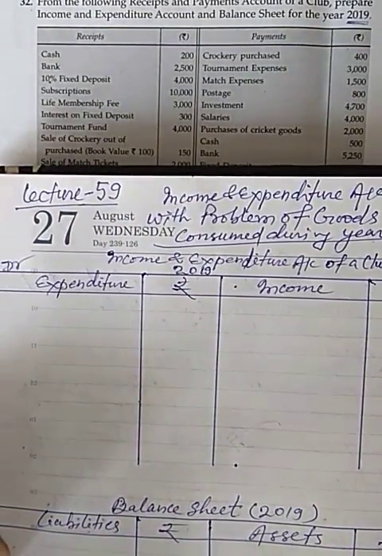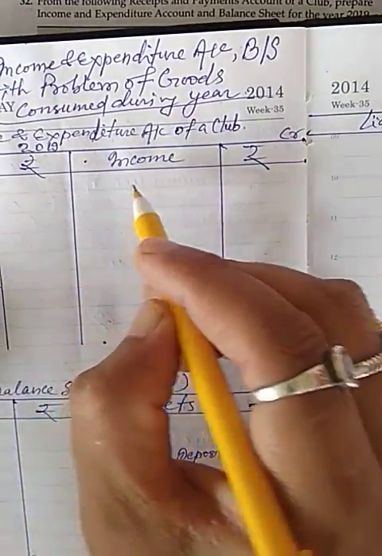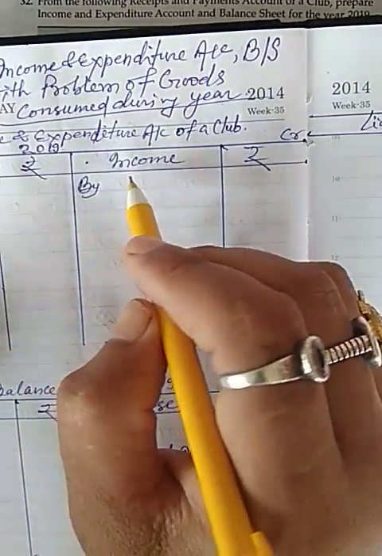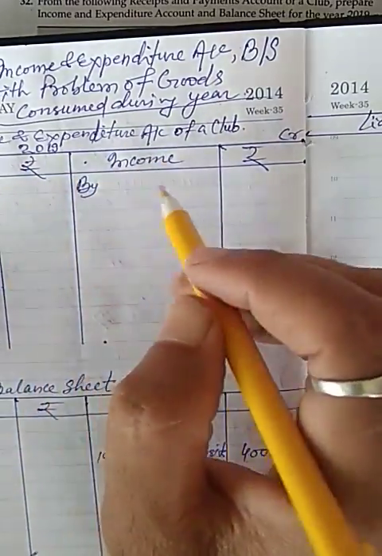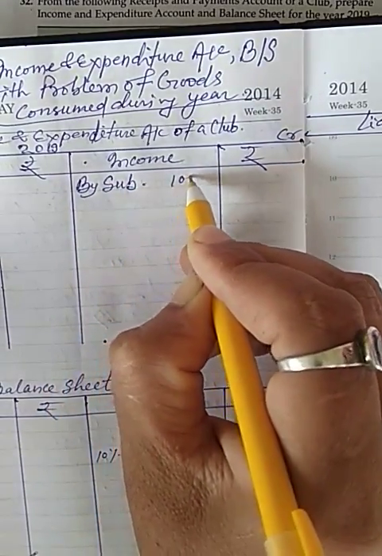Now next item is given, subscription 10,000. This is recurring nature, so it will be shown in income side of income and expenditure account. Subscription 10,000.